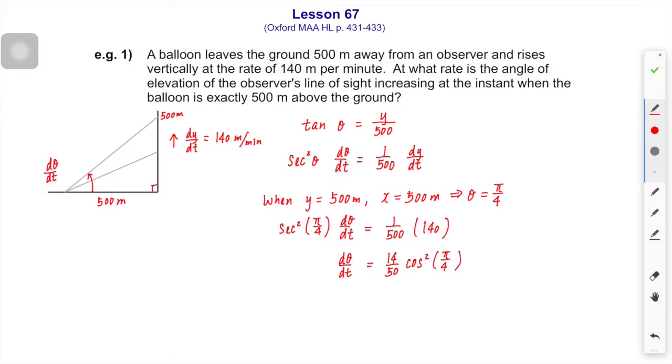This is 7 over 25 times root 2 over 2 squared, which means that d theta by dt is equal to 7 over 50. And the units that we are using is radians per minute.